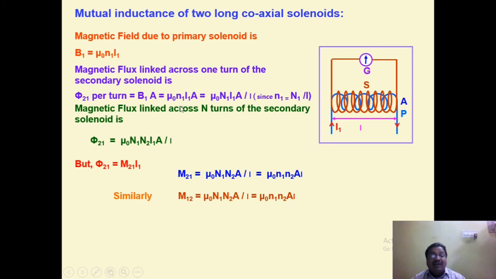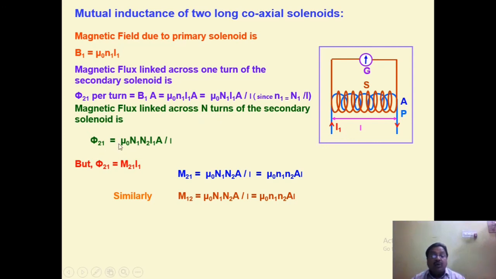In like manner, what will be the magnetic flux across N turns of the secondary of the solenoid? It will be N2 turns, not N turns rather. Suppose for the primary the total number of turns is capital N1, and for the secondary the total number of turns is capital N2. So just multiply by N2 here.